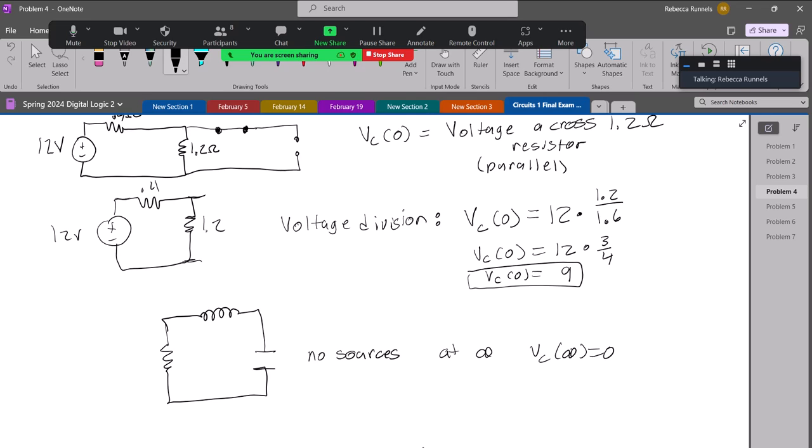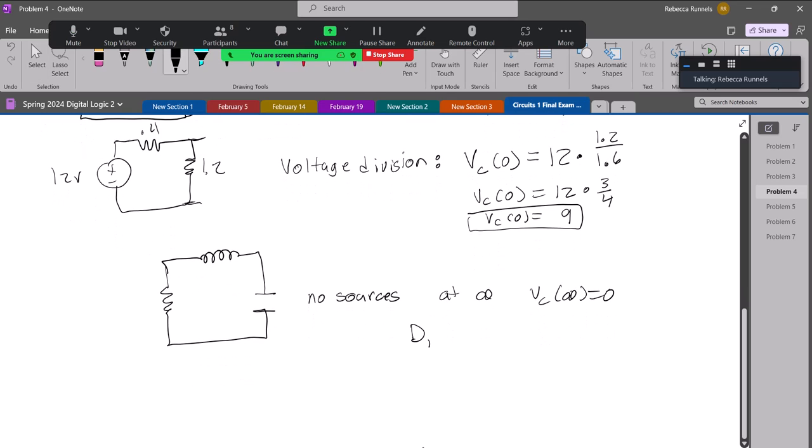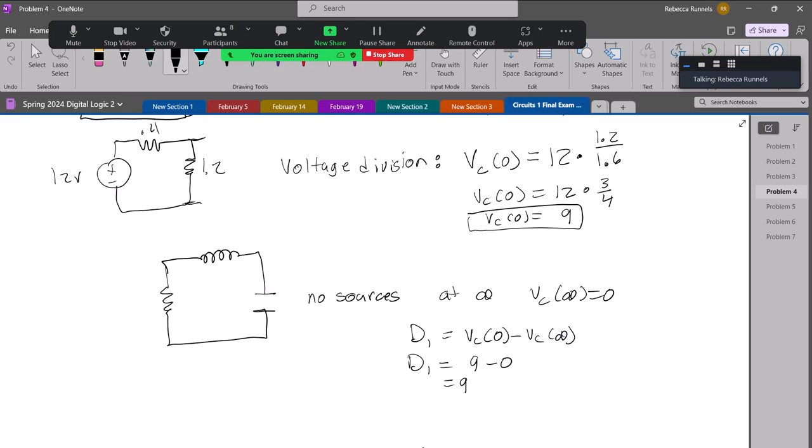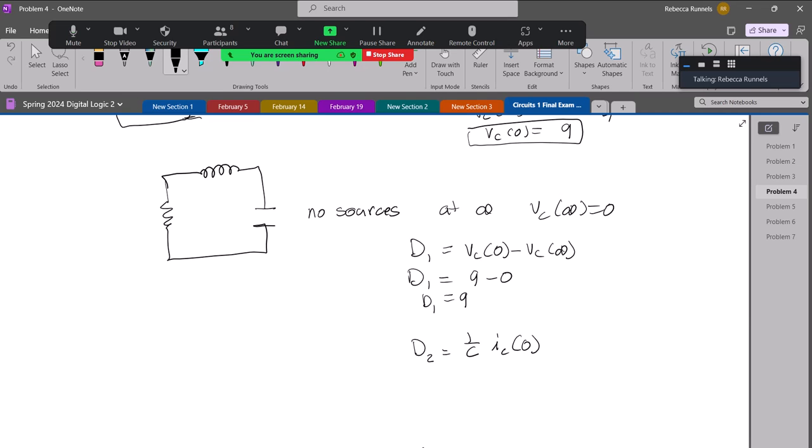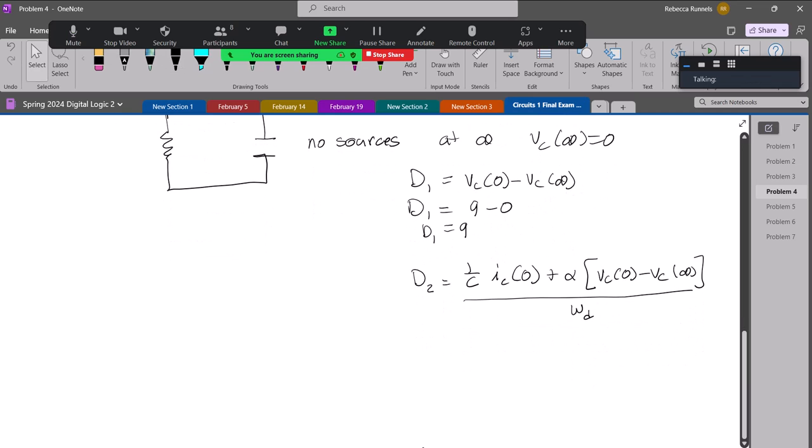So then if you go back and look at that formula page, you will see we have a constant D1 that equals VC of 0 minus VC at infinity. And so D1 equals 9 minus 0, or D1 equals 9. And we have another constant D2, which is 1 over C times IC of 0 plus alpha times VC of 0 minus VC at infinity, all over omega D. So C is 0.1, but that doesn't matter because IC of 0 is 0.